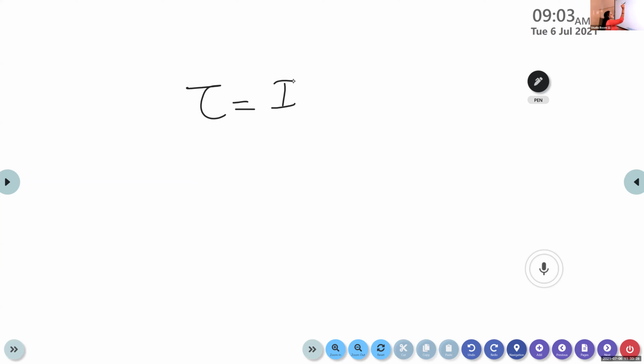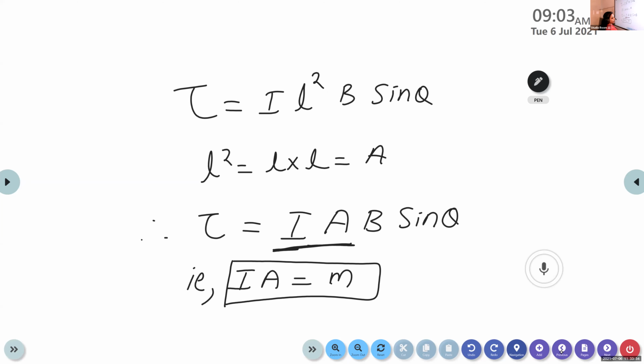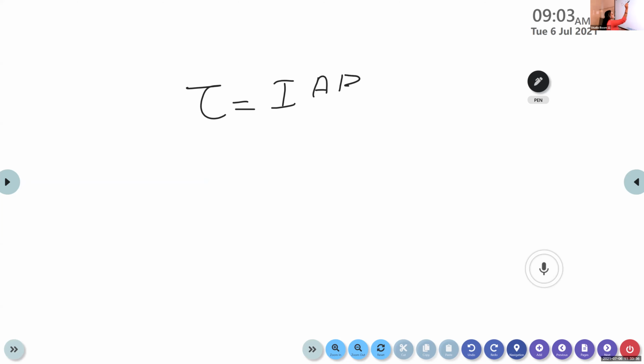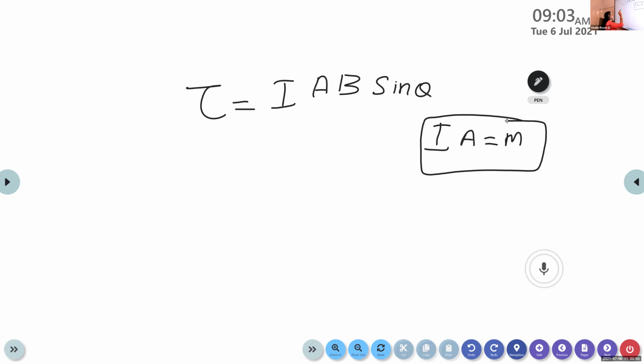So our equation is tau is equal to IAB sine theta, and here this IA is the product of current and area of a rectangular loop or a current carrying conductor placed in a magnetic field. It is equal to magnetic dipole moment M. Therefore, tau is equal to MB sine theta.